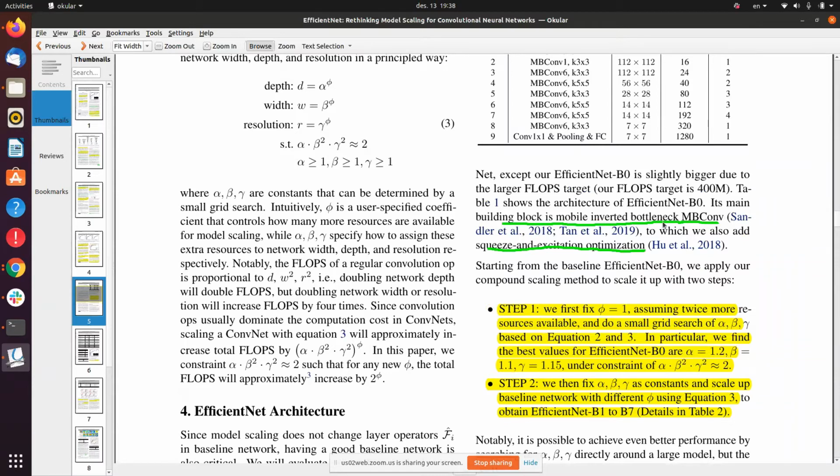One is the mobile inverted bottleneck block, and the other one is the squeeze-and-excitation optimization block. These 2 things they fuse, and they created one block based on the parameters that we pass. Here the mobile inverted MB block has both full convolution and depth-wise convolution. So if you see, the architecture used all the better approaches so far in the literature.